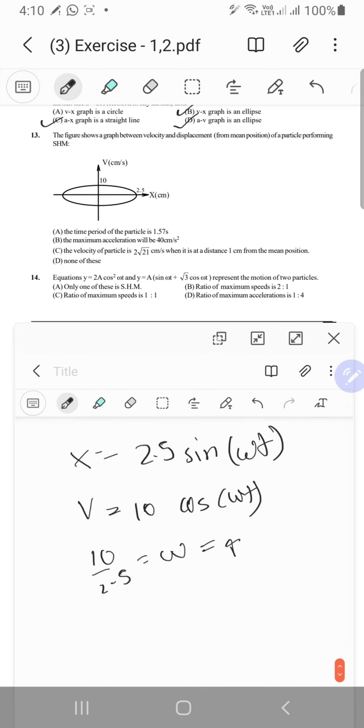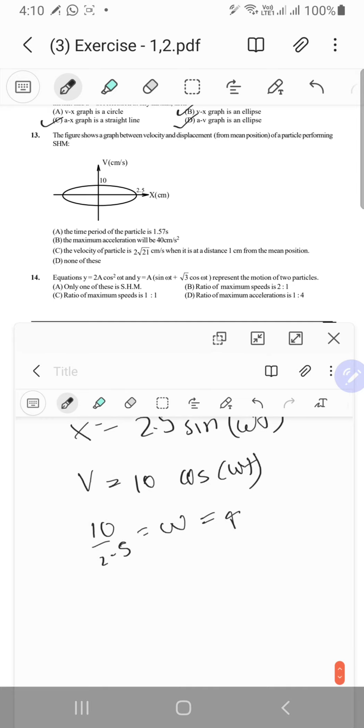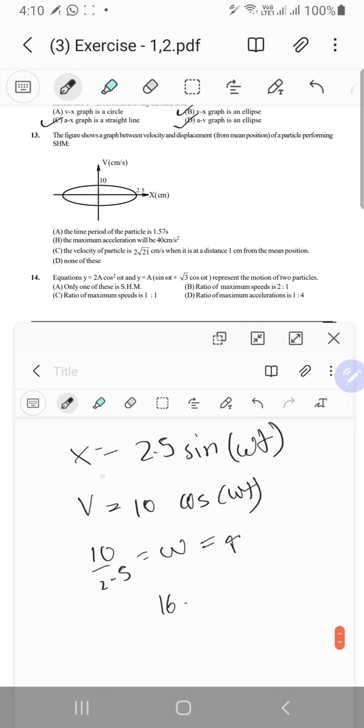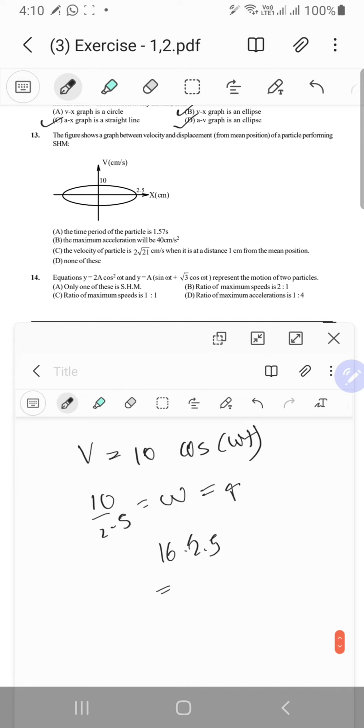Nice. So now what do we want? The maximum acceleration, well, that would be 16 into the maximum displacement, which is just 2.5. So that will be 8 into 5, I guess it's going to be 40. Yes, that's correct. Centimeter per second. Oh, so it's in centimeter per second. Fine. So we're just going to use the CGS system.